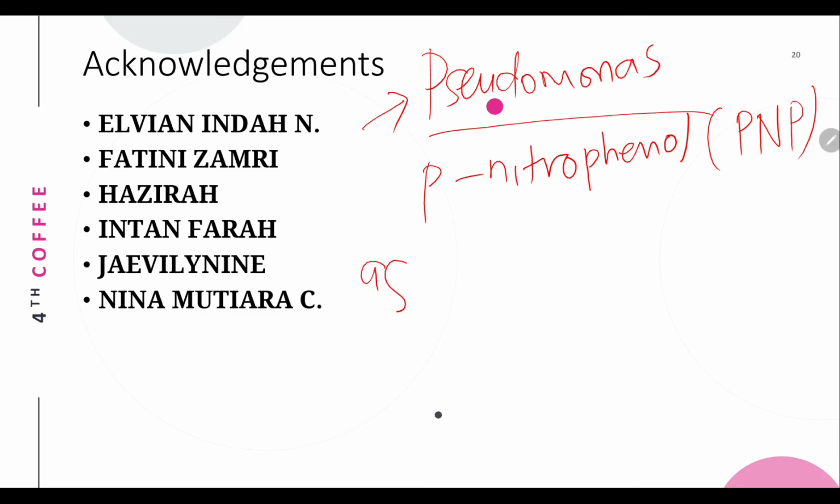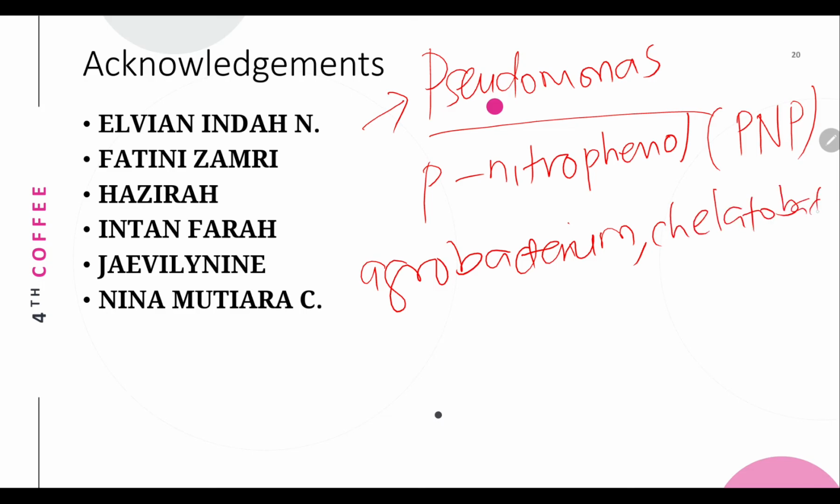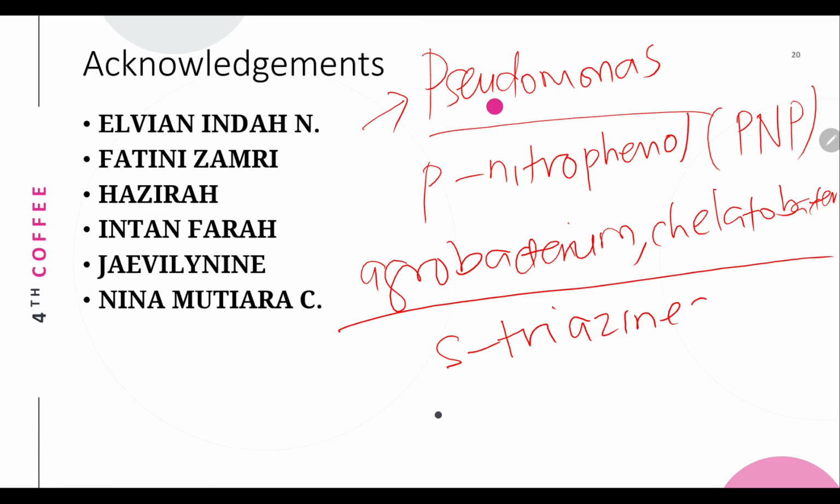Agrobacterium, and Chelatobacter. So these are among the bacteria that have the ability to degrade S-triazines.